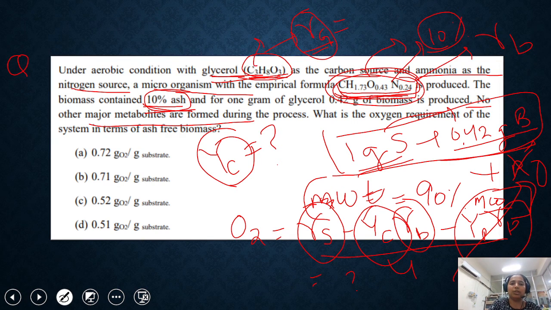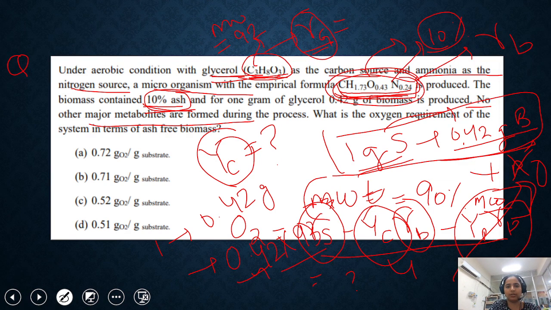First, find out the molecular weight of this. The molecular weight of this will come around 92. So when 1 gram of substrate is forming 0.42 gram of biomass, then how much is this 92 gram forming? 0.42 into 92. It will give you the weight of how much it is forming.